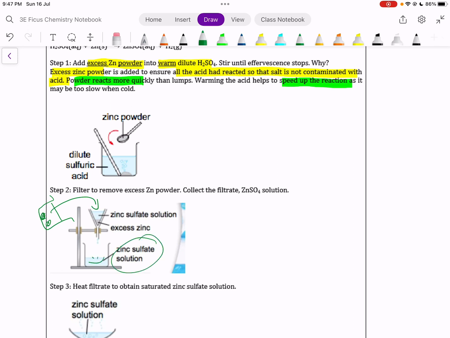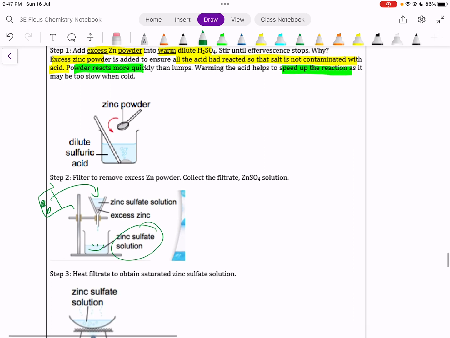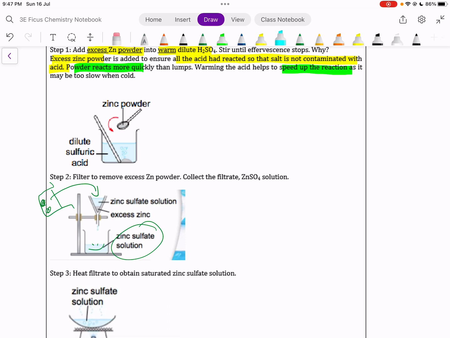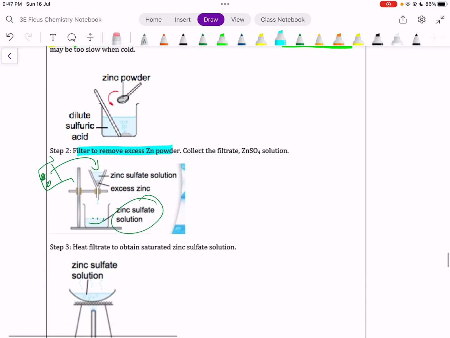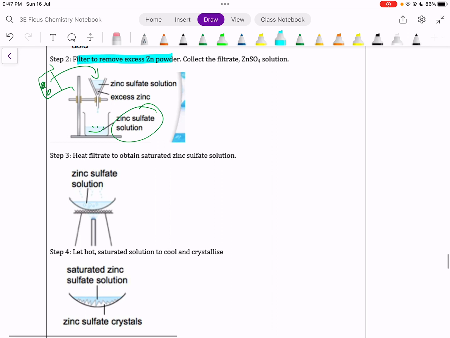The zinc sulfate is here. So filter to remove excess zinc. Then you take the filtrate and heat the zinc sulfate solution to saturation. Another way you can write it is: heat the zinc sulfate solution to saturation.